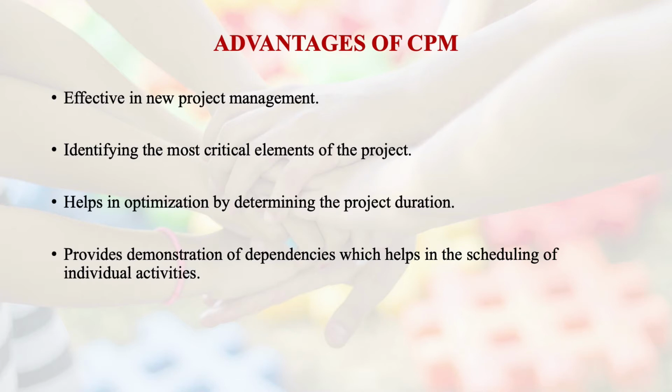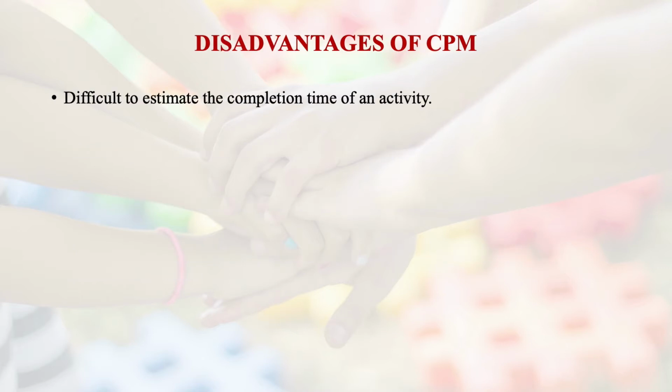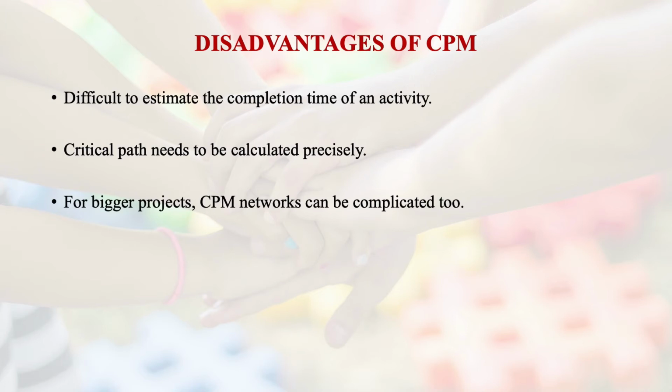The first disadvantage is that it is difficult to estimate the completion time of an activity as far as CPM is concerned. In this also sometimes it is difficult, and the critical path needs to be computed precisely, and for bigger projects the CPM method can be complicated. It can become very complicated within itself.